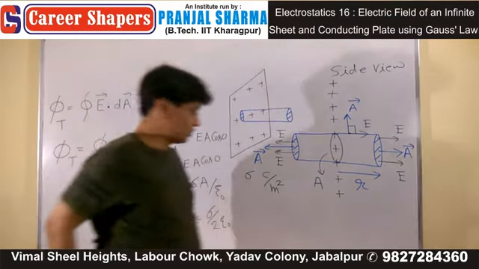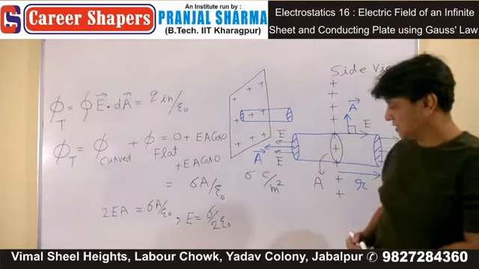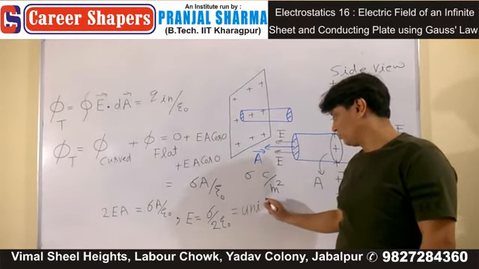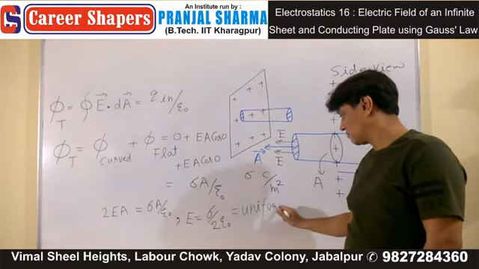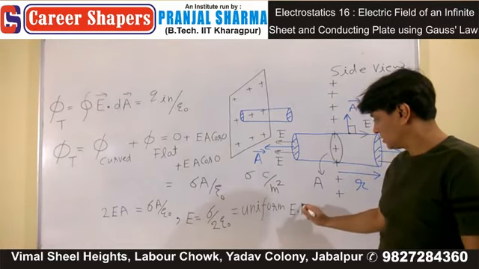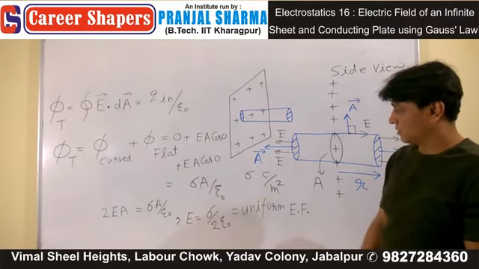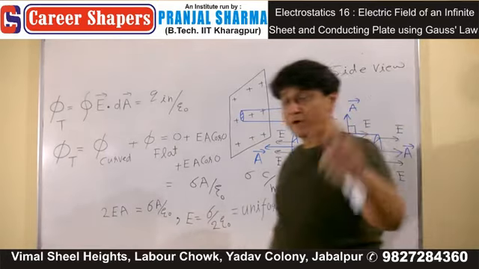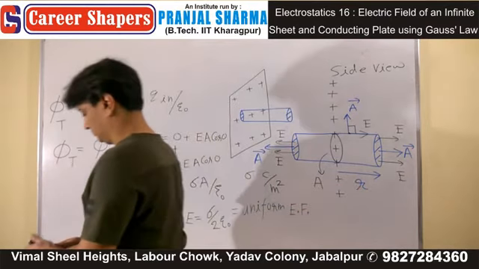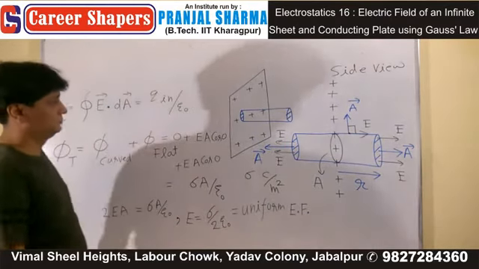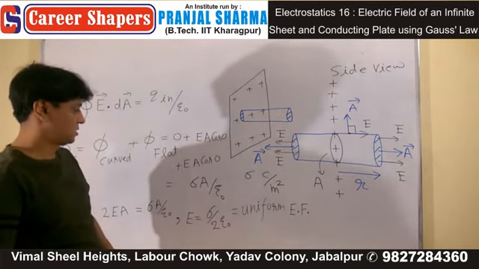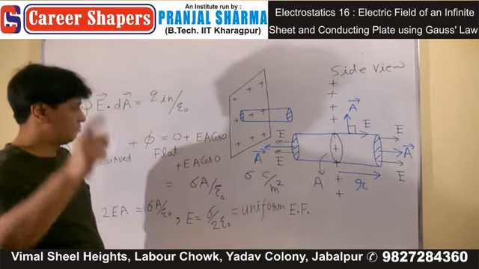And therefore, write down with this that this is an example of uniform electric field. Write down uniform electric field and then write down the statement. Do mention this R.